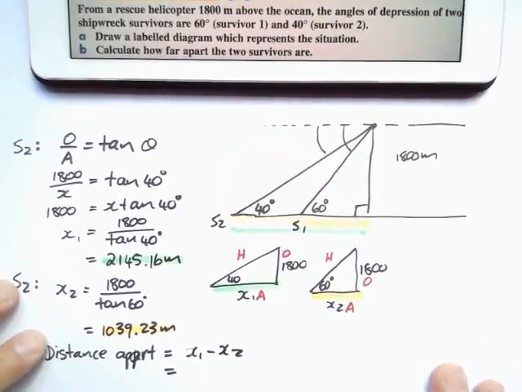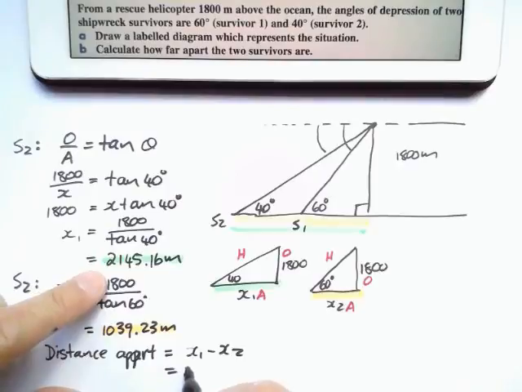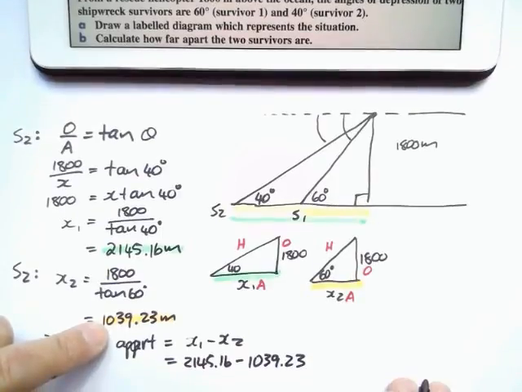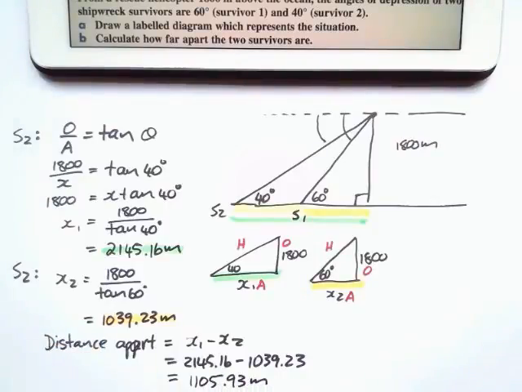Okay, and x1 take away x2 is 2145.16 take away 1039.23, and my distance between the two will equal 1105.93 meters, and that will be the yellow.